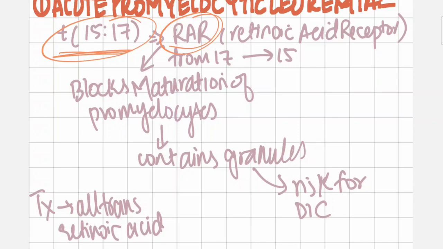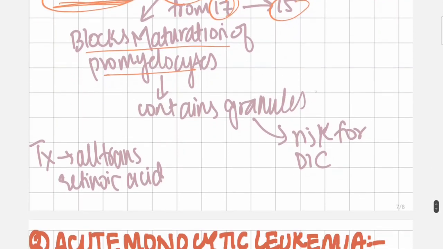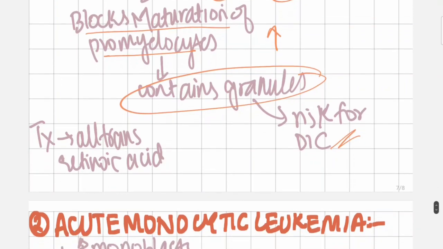It is translocated from 17 to 15, and that receptor is going to block the maturation of promyelocytes, and it is going to increase myeloblasts. Now because these myelocytes contain granules, it is going to increase the risk for DIC. And what you give for treatment is all-trans retinoic acid.